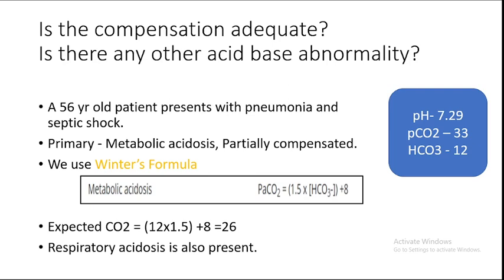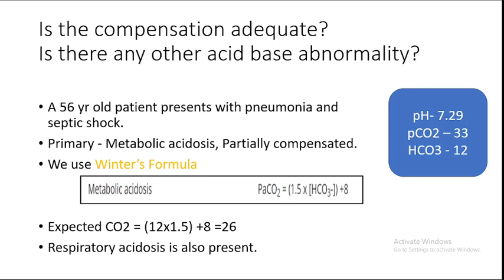That gives you how to calculate the expected drop in carbon dioxide to compensate this pH. According to this calculation, we expect the carbon dioxide to drop to 26 to compensate the pH back to normal. But this patient's carbon dioxide has not dropped to 26. Even though it has dropped, it's still high, 33.